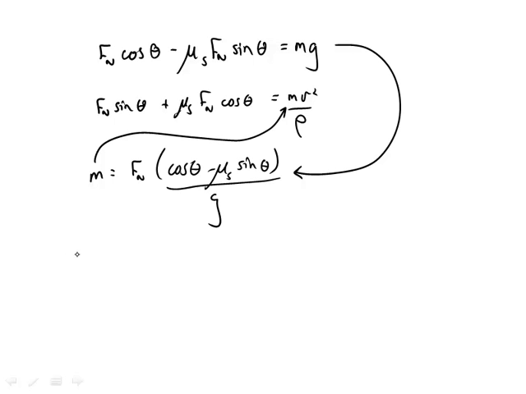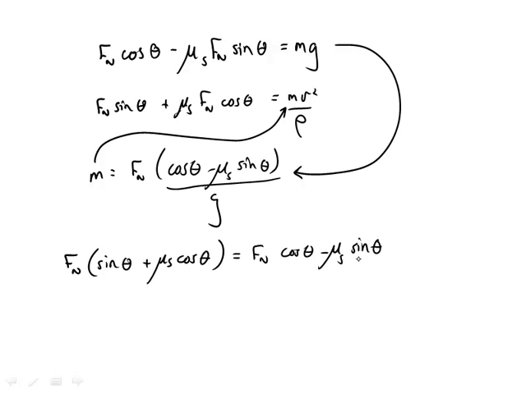And I'm going to get on the left-hand side Fn times sine theta plus mu sub s cosine theta equals m, which is Fn cosine theta minus mu sub s sine theta all over g, times v squared over rho.